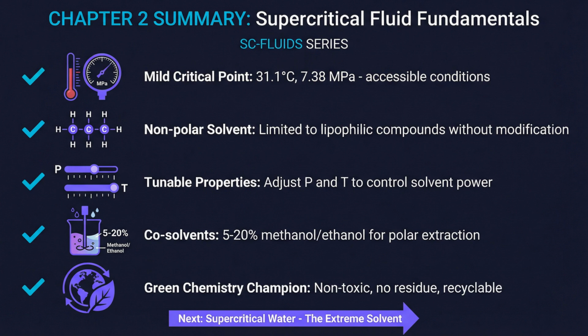Adding 5 to 20% methanol or ethanol enables extraction of moderately polar compounds. And CO2 is truly a green chemistry champion, non-toxic, leaving no residue and fully recyclable. In Chapter 3, we'll explore the opposite extreme, supercritical water, which operates under far more severe conditions, but offers unique capabilities for waste destruction.